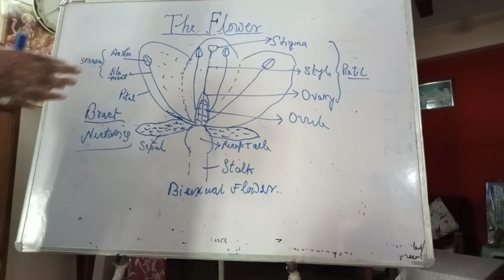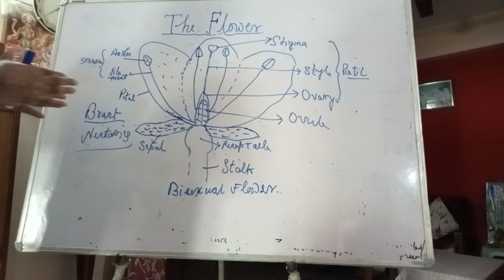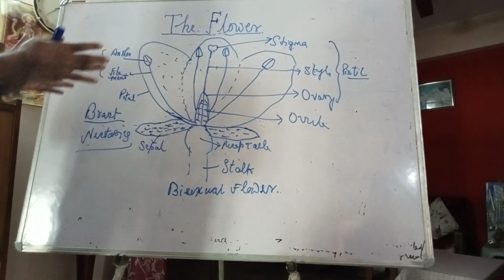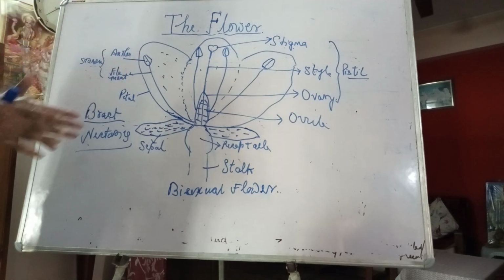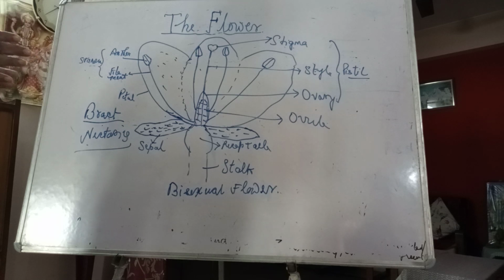If they are in one bunch, it is monoadelphous. If they are in two bunches, it is diadelphous arrangement. And if they are in a number of bunches, it is polyadelphous arrangement. So that is the arrangement of the stamens.